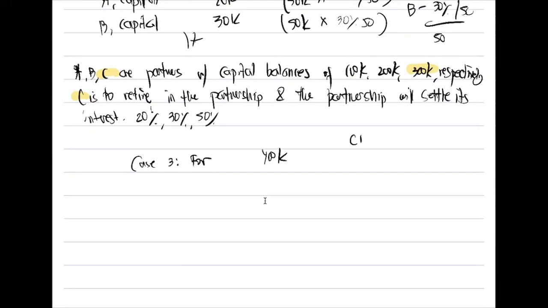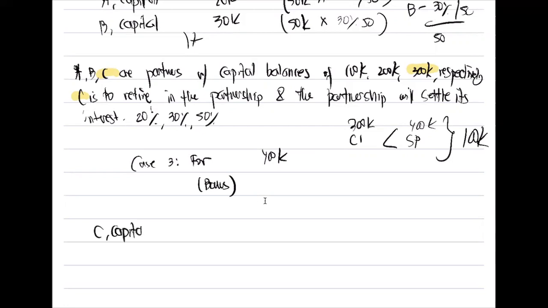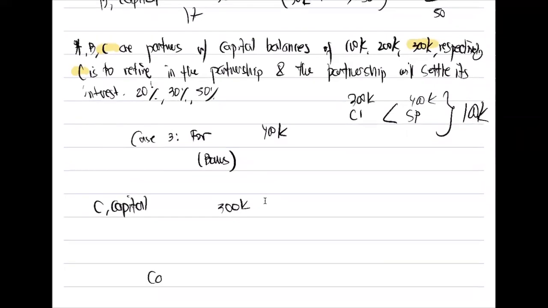So what is the capital interest of C? Only 300,000. The settlement price is 400,000. So capital interest is lesser, by 100,000. So you treat this first as a bonus. If this is treated as a bonus, again, it will be shared. So we have here C capital, 300,000. Right? Then how much cash will you give to C? 400,000.